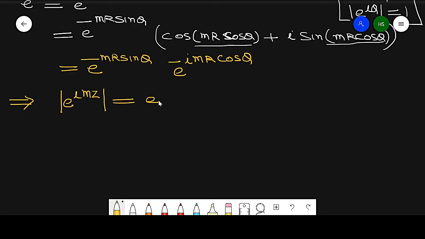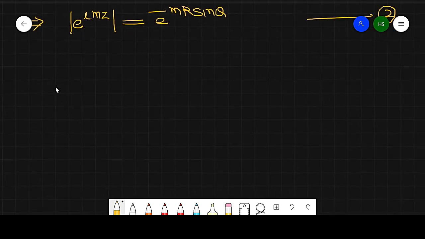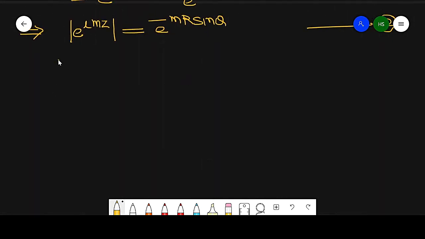So this is e raised to power minus mr sine theta. This is equation number 2. Now to find the integration around these values, my aim is to find the integration around tau of e raised to power iota mz into f(z) into dz.